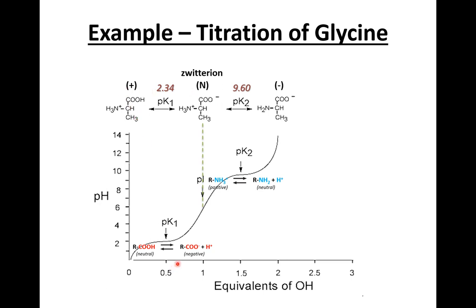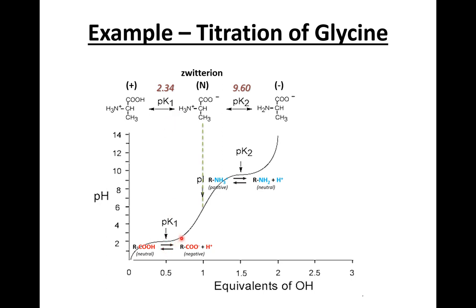If you remember, based on the Henderson-Hasselbalch equation, once you reach a pH which is equal to the pKa, in this case of the carboxyl group, you will know that you are at a point where you have 50% of the carboxyl group in the protonated form and 50% in the deprotonated form, right? That's what gives you pH equal to pK.